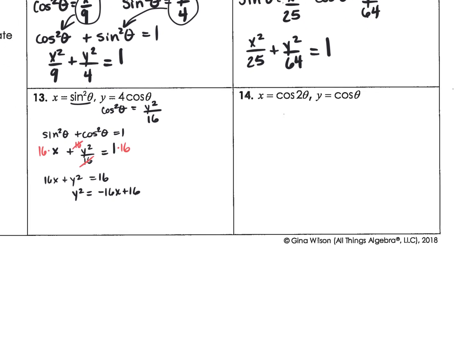Now, for number 14, you'll have to look at your identity sheet for this guy. So what is cosine 2 theta equal to?